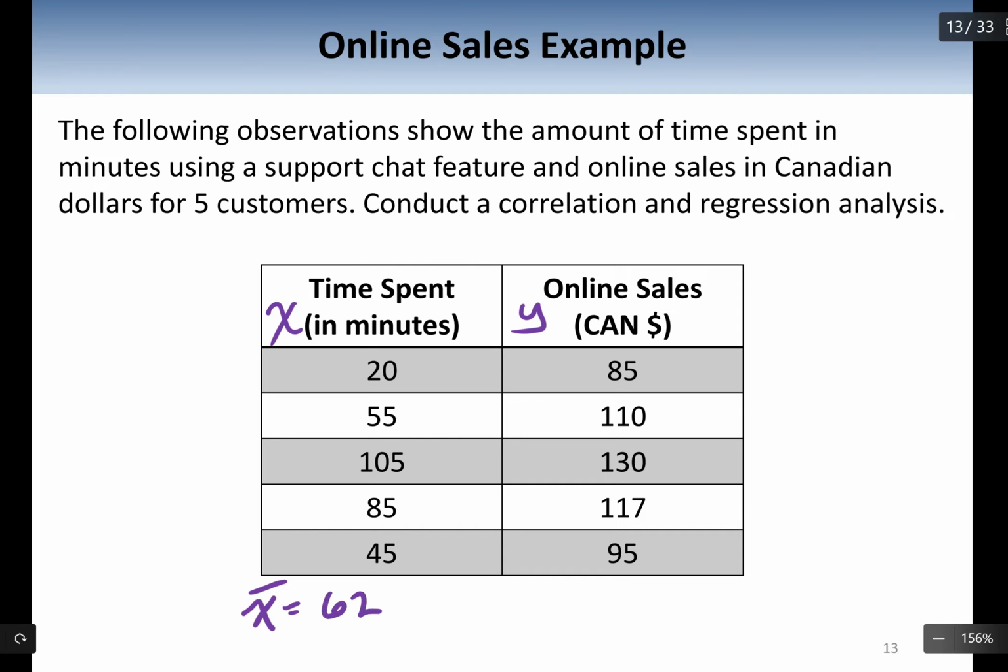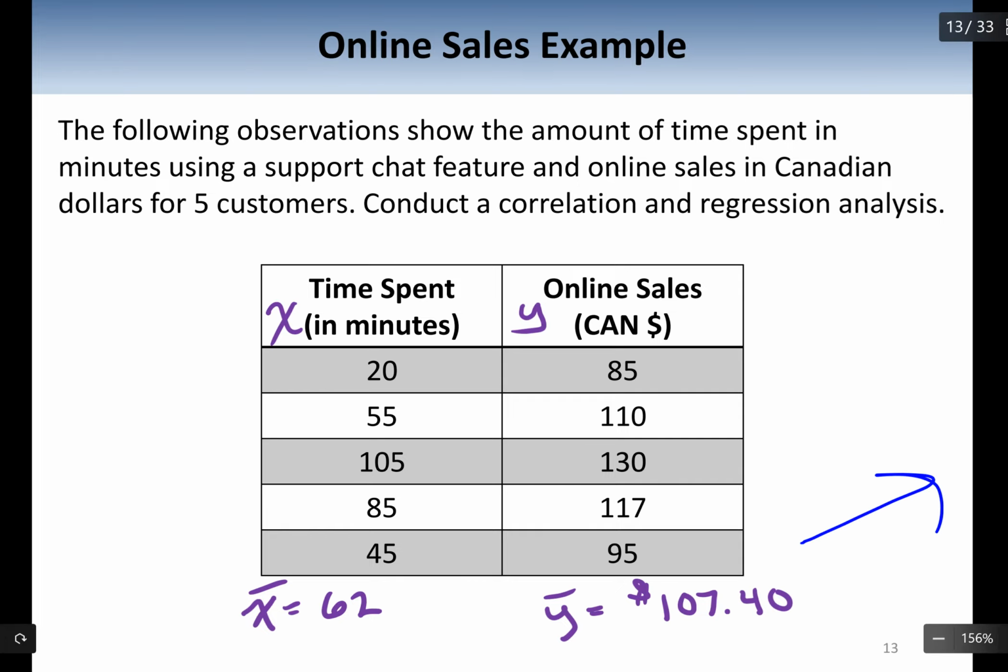And if you calculate that, you should get 62 minutes. And the average amount spent in dollars, so the average sales, was $107.40. We need those 2 values to calculate 3 quantities in order to get the slope and the correlation and the intercept.